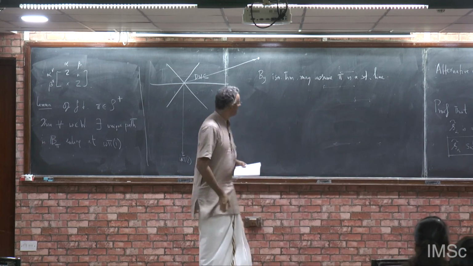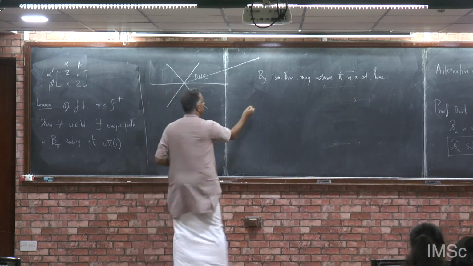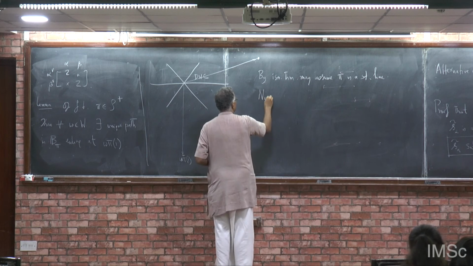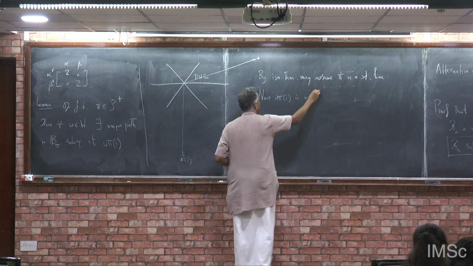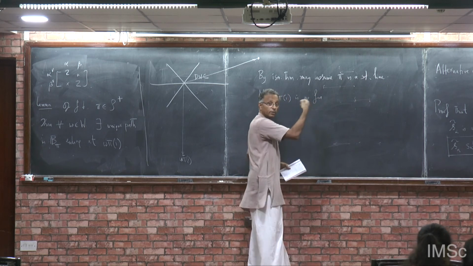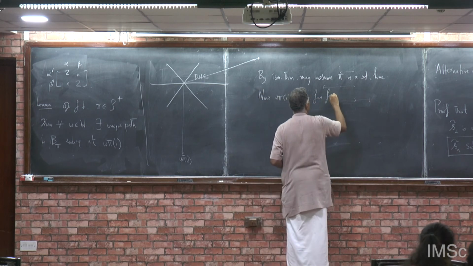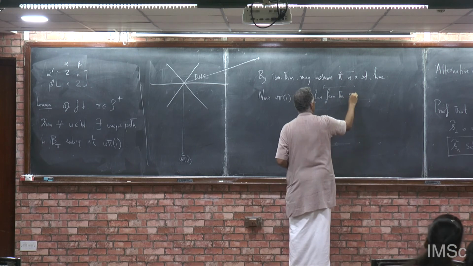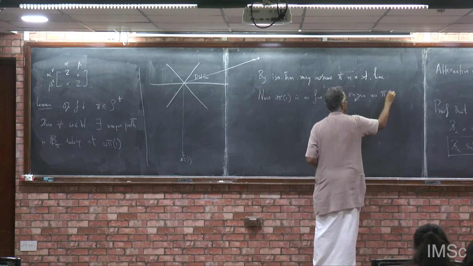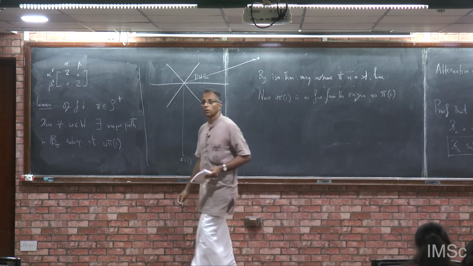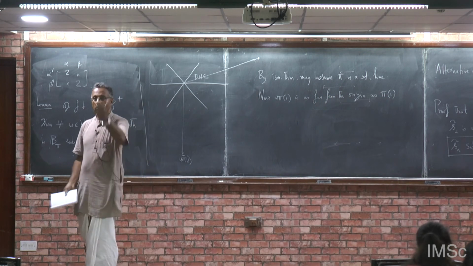Now, observe that W pi 1 is as far from the origin as pi 1, sorry for the vague wording.